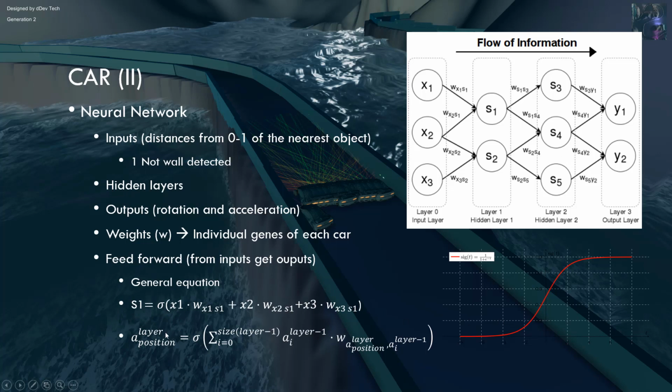If we want to get the neuron value of a layer, in position 1 and 2, layer 1, we'll need to do the sum from all the previous layer size, which will be 3, and multiply each neuron of the previous layer, layer -1, with the weight connected to the value we want to get and the neuron that is here.